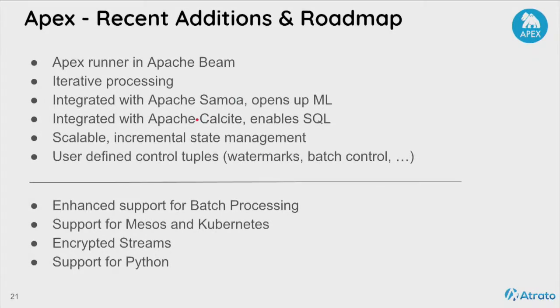There was also integration with Apache Calcite to enable SQL queries. Right now, the SQL doesn't support windowing, so it is basically record by record transformations. Nevertheless, it's a first cut that can be extended.